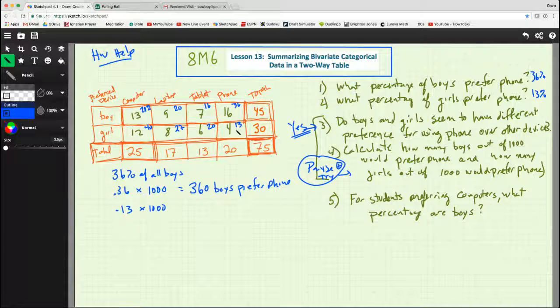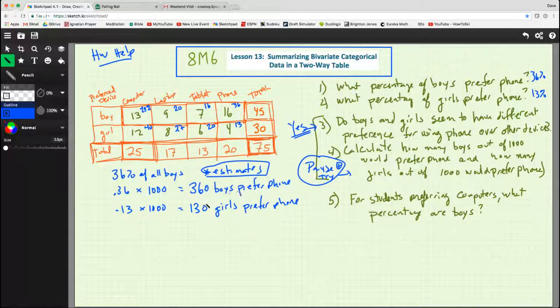So now you see why we calculate these percentages, because percentages make it easy to convert to other values. If we have larger and smaller sample sizes, we can make predictions. 130 girls prefer phone. And these are our estimates, because when we're dealing with statistics, we're dealing with probabilities and estimates.